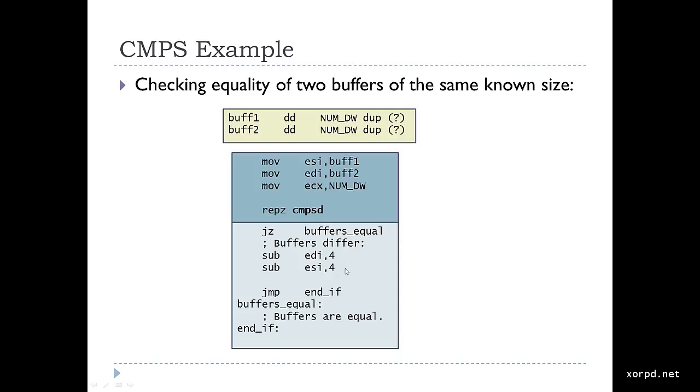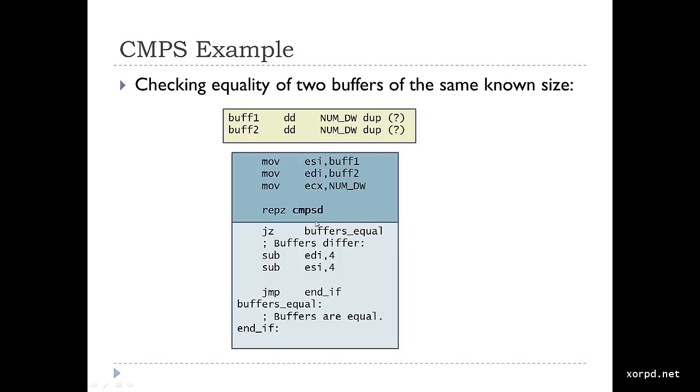Another important thing to see here is that immediately when we get here, we subtract 4 both from EDI and ESI. That is because we really care about the location where the two buffers differ. We want to find the D word in which buff1 and buff2 do not agree. However, this instruction, repz compare SD, will give us the next location.